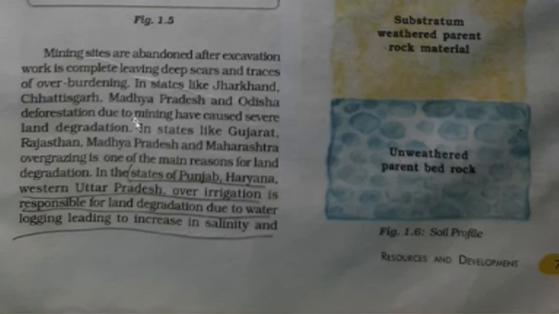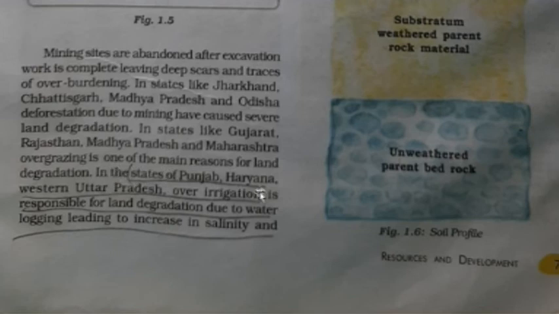In states like Jharkhand, Chhattisgarh, Madhya Pradesh, and Odisha, deforestation due to mining has caused severe land degradation. In these areas, because of mining, the forests were removed. In states like Gujarat, Rajasthan, Madhya Pradesh, and Maharashtra, overgrazing is one of the main reasons for land degradation.